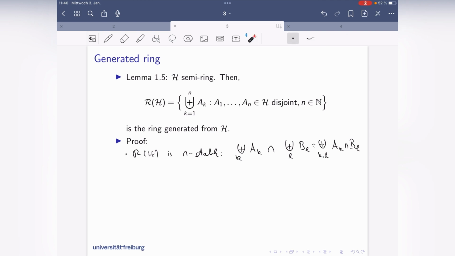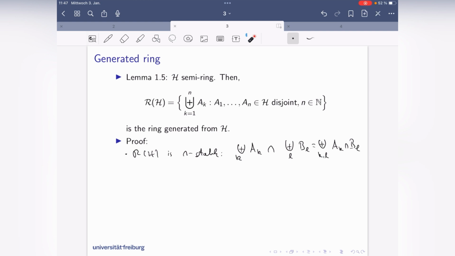And since H is a semi-ring, this belongs to the semi-ring again, which means that I can write this intersection as a disjoint union of sets in the semi-ring, which means that this is intersection stable.